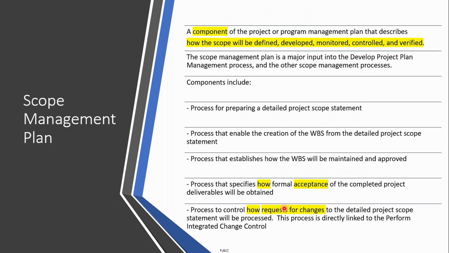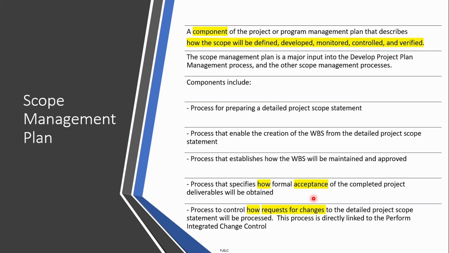So the scope management plan is an output of this process, and as discussed, the scope management plan will describe how we intend to manage the scope of this project, how we intend to monitor, control and verify the scope of this project, how we will do the formal acceptance of this project, and how we will deal with change requests in this project.